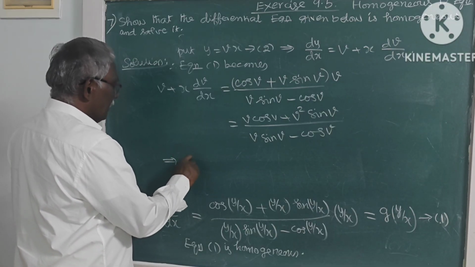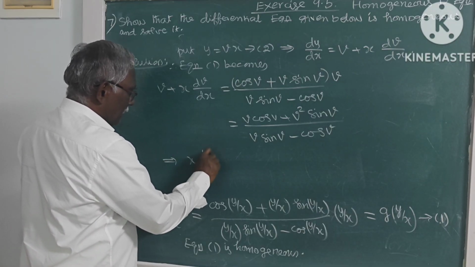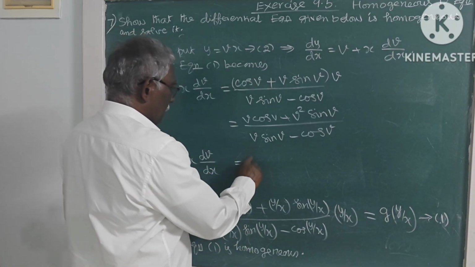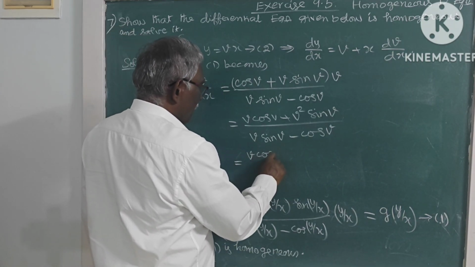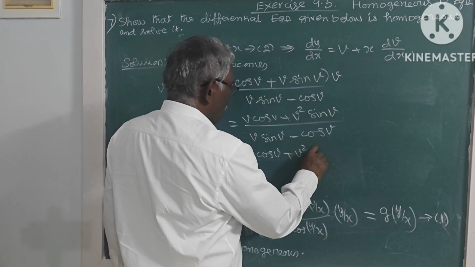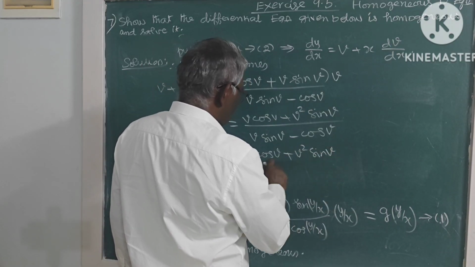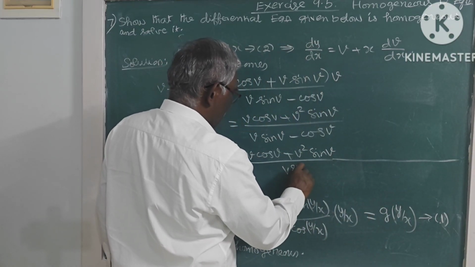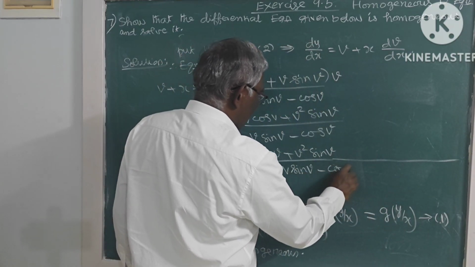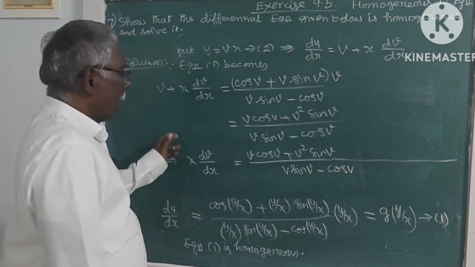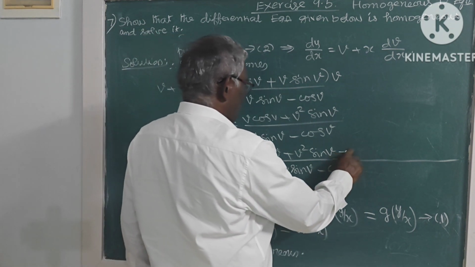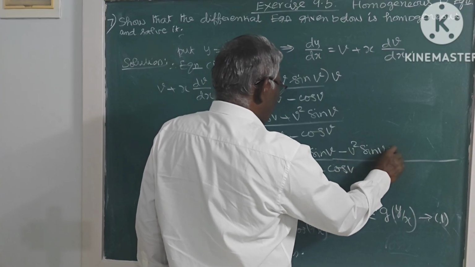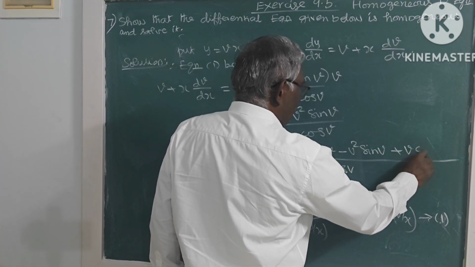This gives x into dv by dx is equal to v cos v plus v square sin v minus v square sin v plus v cos v.